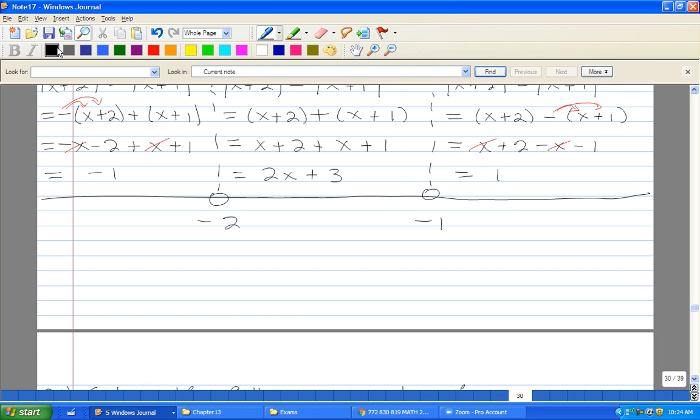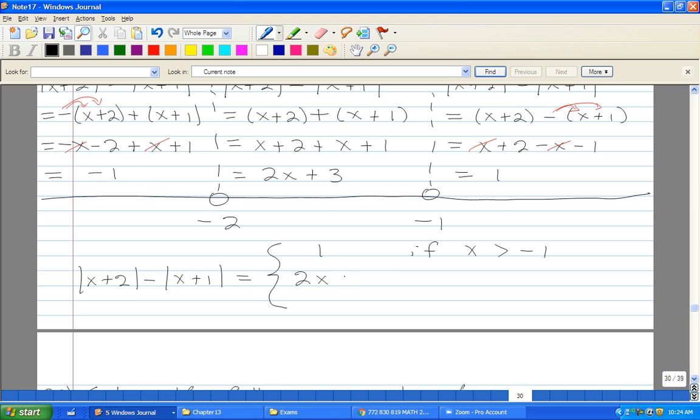Okay, so I have that x plus 2 in absolute value minus x plus 1 in absolute value is just equal to, let me bring this down for a second, 1 if x is greater than negative 1.